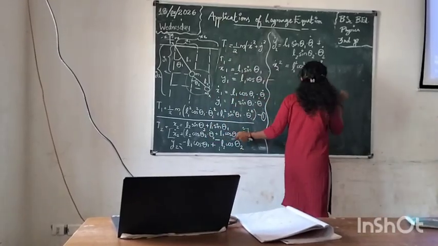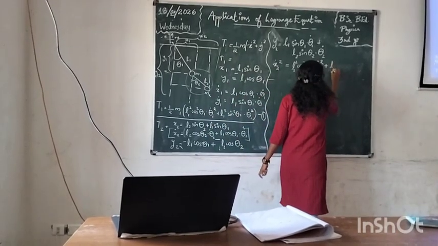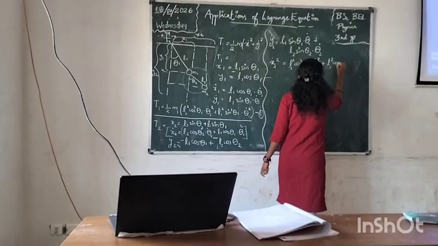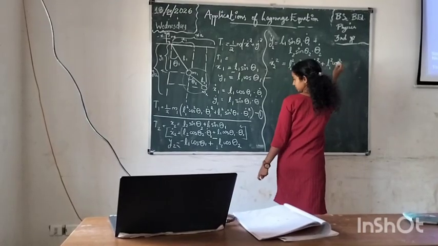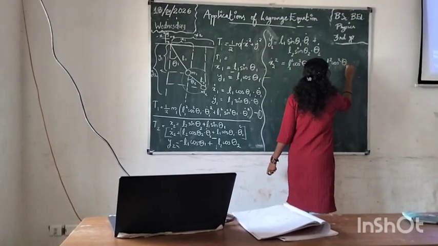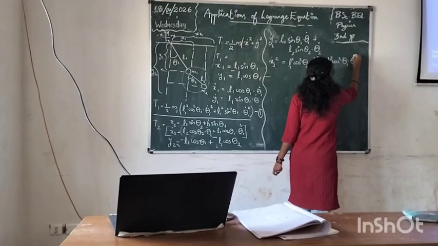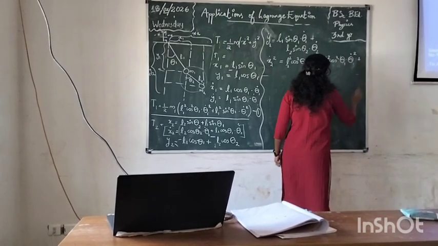Then b square, here we have L1 square cos square theta 1 into theta 1 dot square, plus 2ab.